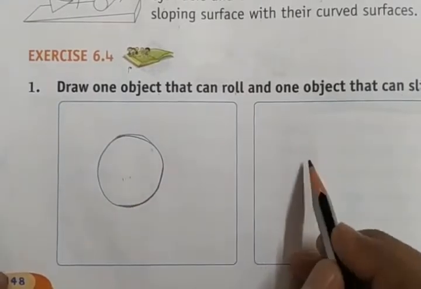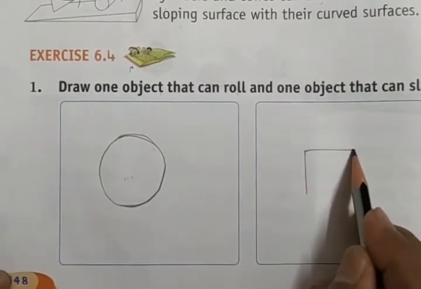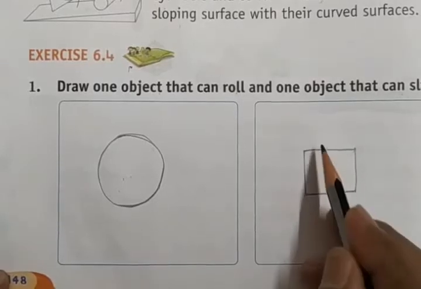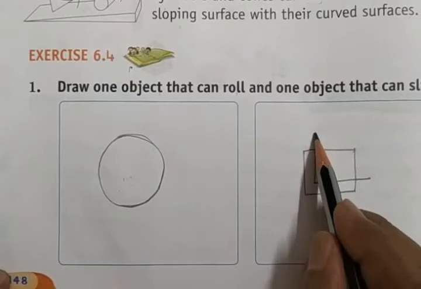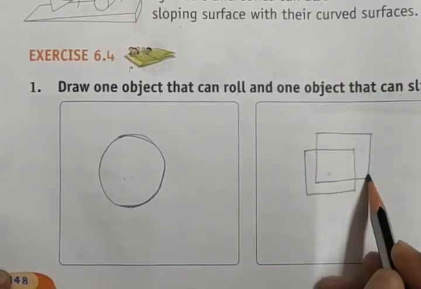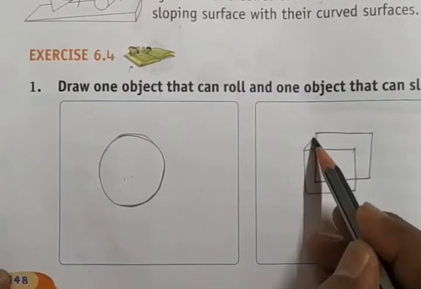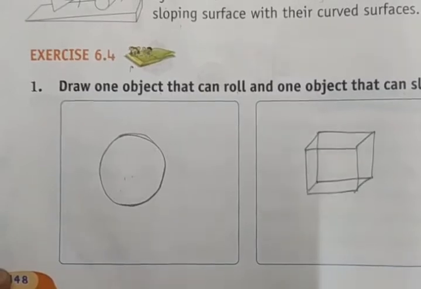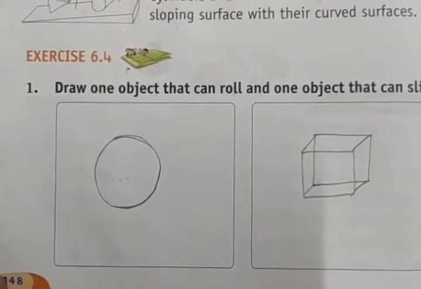Here I will show you one more example, a cube, that can only slide, no rolling. So this is a cube, right?